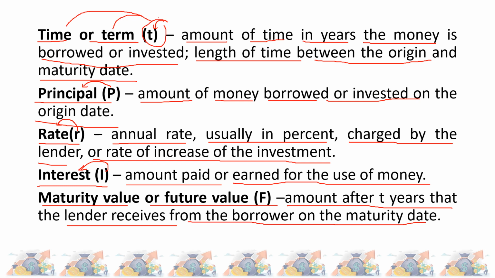It is the sum of the principal and the interest applied on the principal that the borrower or debtor borrowed from the lender or creditor. So that will be your maturity value or future value, and we simply use big letter F to represent this maturity value or your future value.